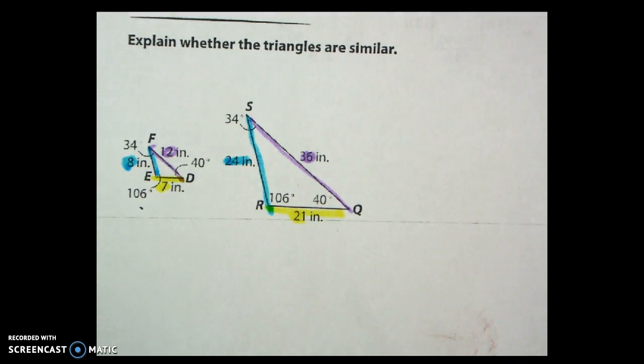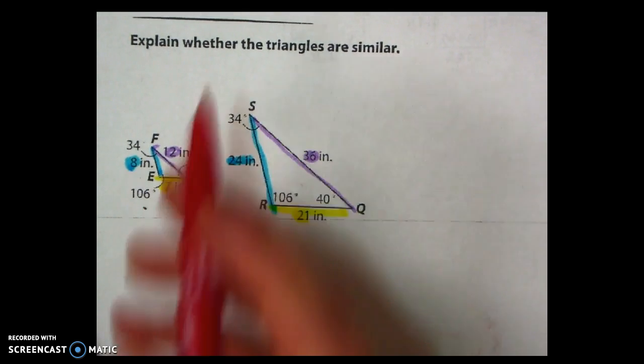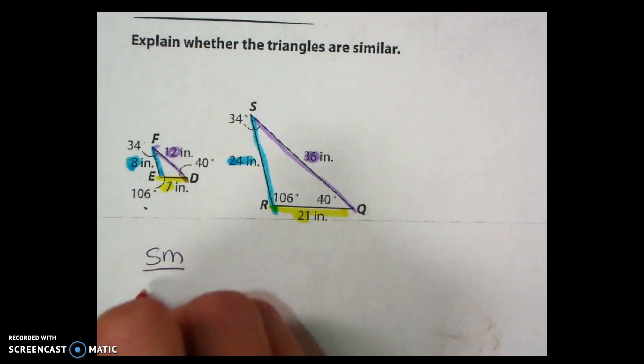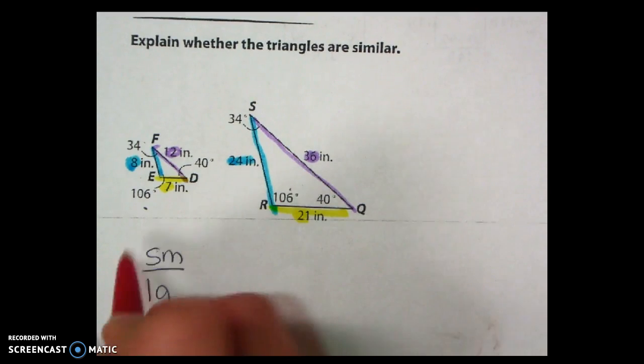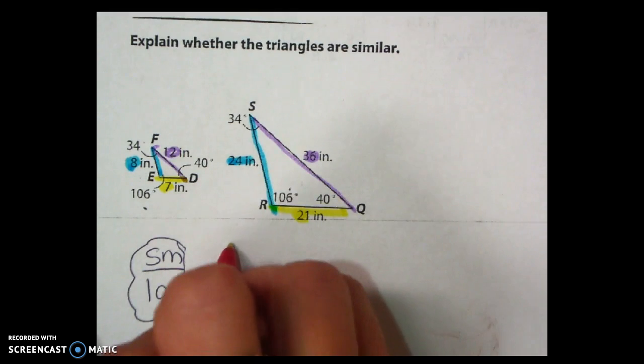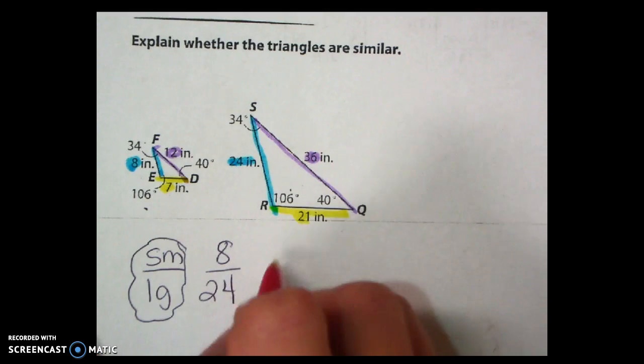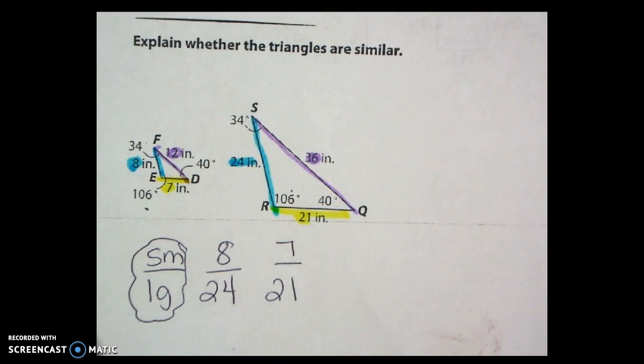So if I'm looking at my sides, I'm going to compare the ones that I've colored the same. So this is my small triangle, and this would be my large. So looking at the blue first, that would be 8 to 24. Looking at the yellow, that would be 7 to 21.